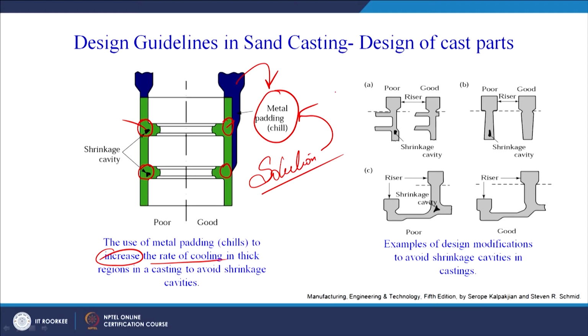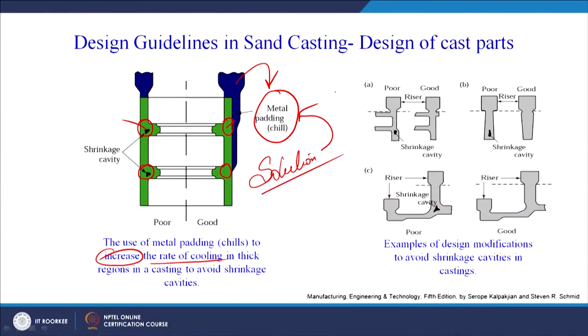Solution number one is ensure uniform cross section, avoid sharp corners, avoid sharp angles, avoid the areas with larger inscribed circles in the geometry of the product. Second is, if that is not possible, then what you need to do? You need to provide a secondary source of cooling, which can be a metal padding or chills, which will increase the rate of cooling and will avoid the formation of the shrinkage cavity.